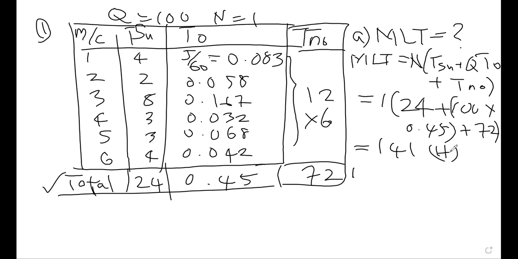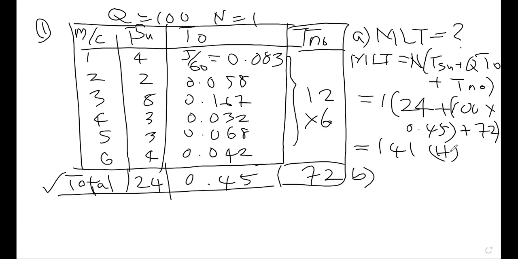And B, we need to compute how many days it will take to produce a batch if the plant operates 7 hours per day.